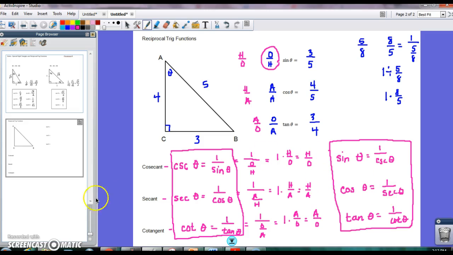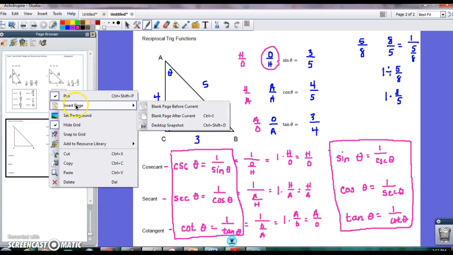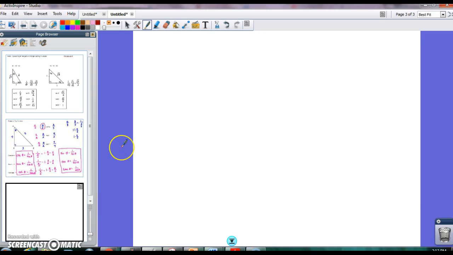So let me show you a couple examples of how you would use this in a problem. Let's say I gave you, we can start with a really basic problem.